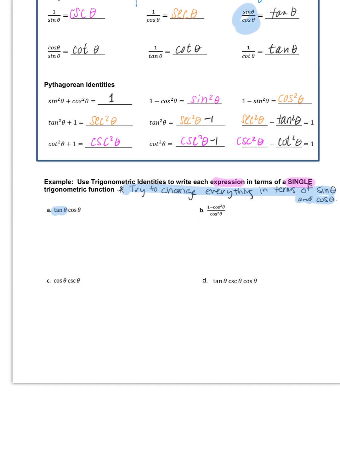So this is going to be sine theta divided by cosine theta. There's your tangent theta. But we're still multiplying it by this cosine theta. Okay, I'll do this two ways really quick, and then after that I'll probably not.